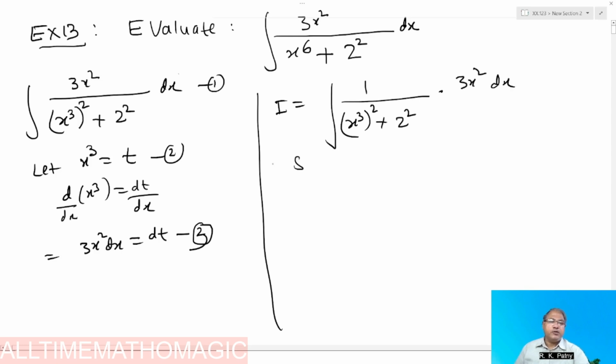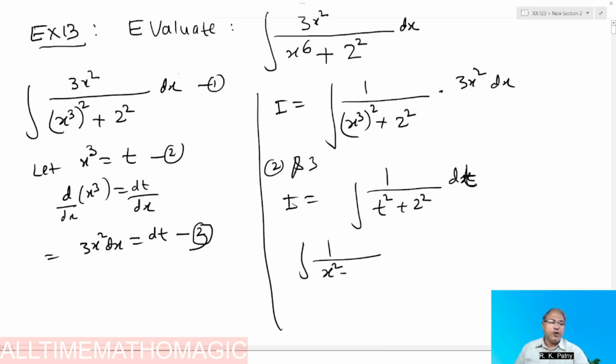From 2 and 3, I equals 1 upon t square plus 2 square with respect to t. Now the formula: integration of 1 upon x square plus a square with respect to x equals 1 upon a tan inverse of x upon a.